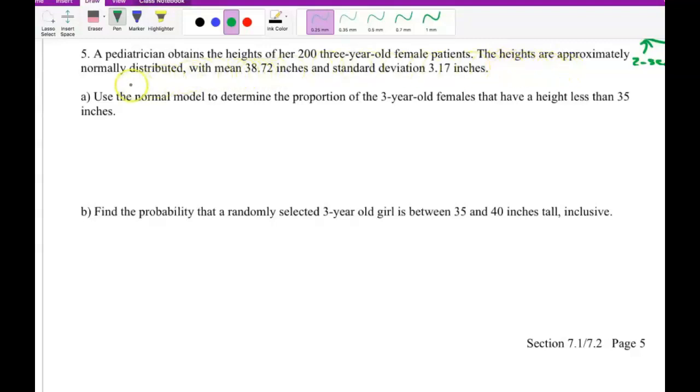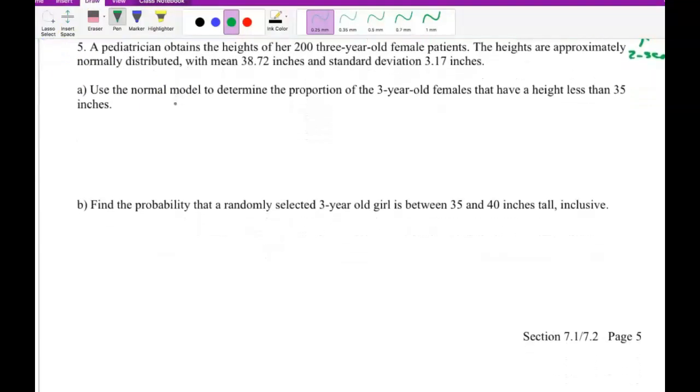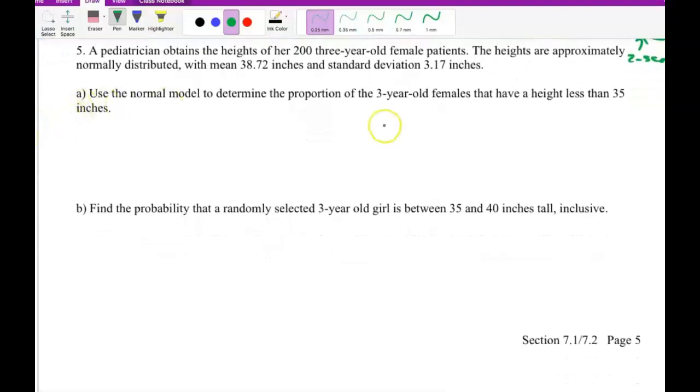The heights are approximately normally distributed. Here in this example number 5, the mean is 38.72 and the standard deviation is 3.17.